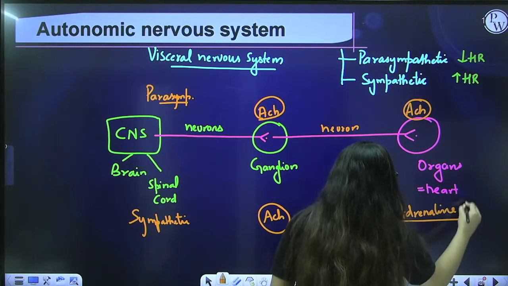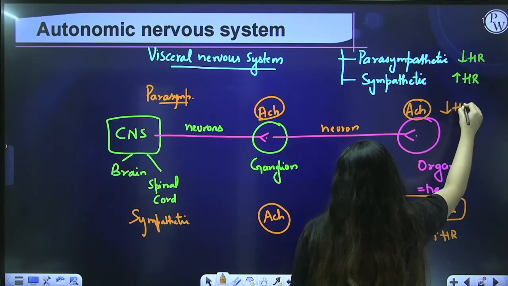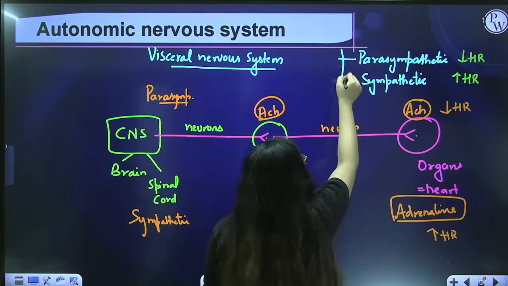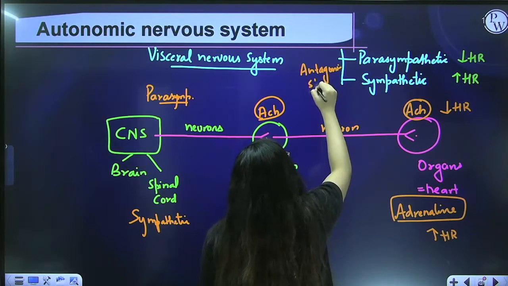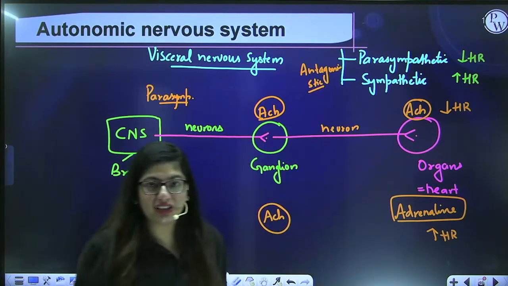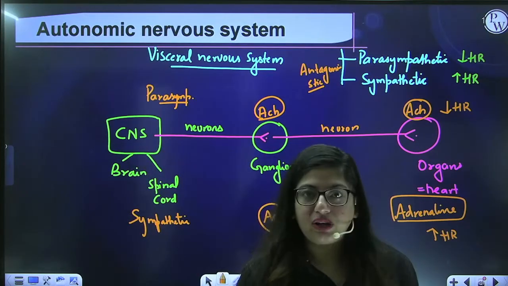Adrenaline will increase the heart rate, whereas ACH, if it is released, decreases the heart rate. So we say both these are antagonistic. What are antagonistic? That which work opposite to each other, but both these nervous systems will innervate the same organ, right?